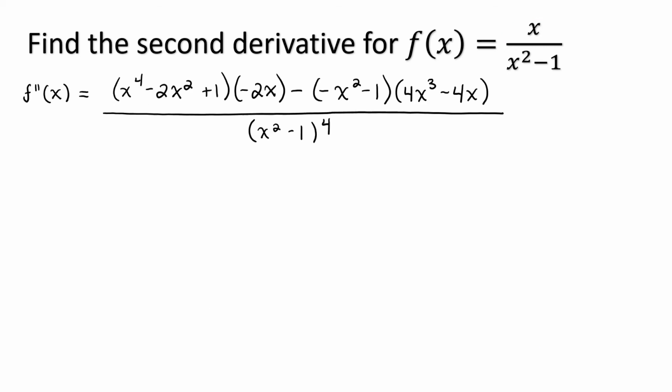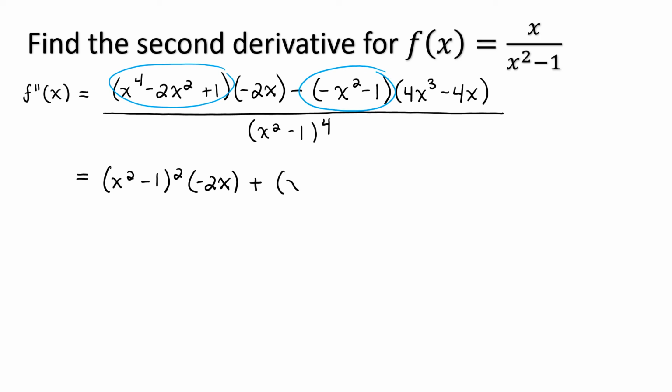Okay, let's continue simplifying this. So let's refactor this expression. So we have x squared minus 1 squared times negative 2x. Then let's factor out a negative 1 from that expression. So now we have plus x squared plus 1.